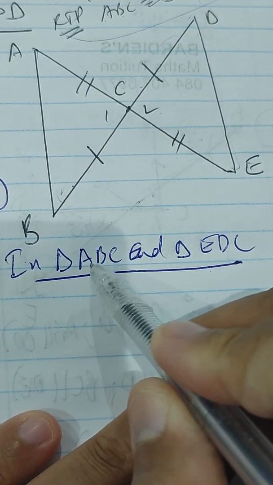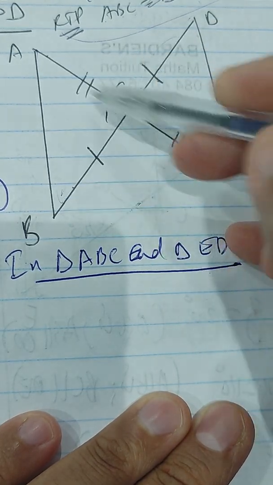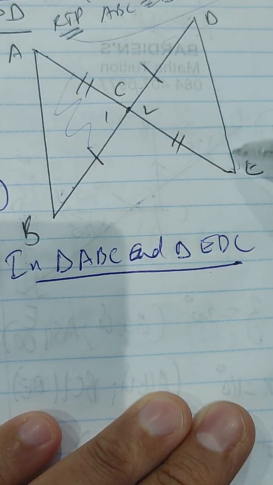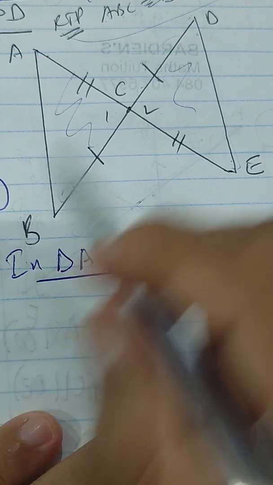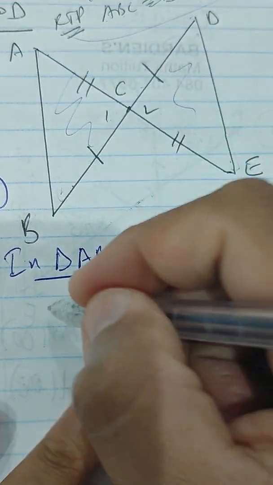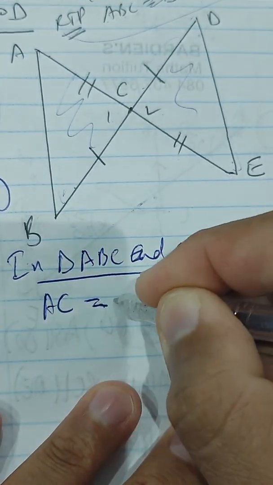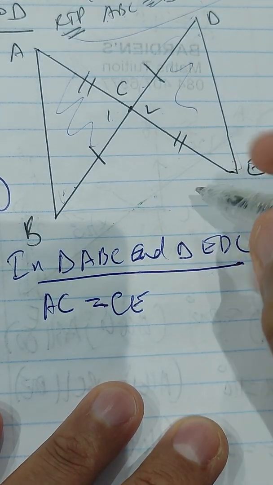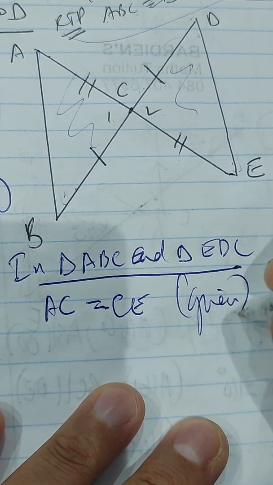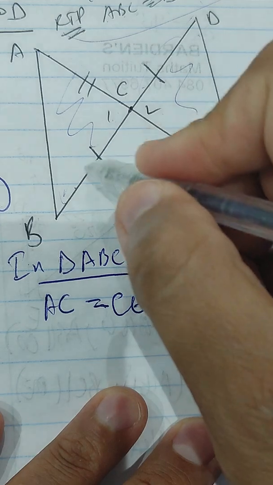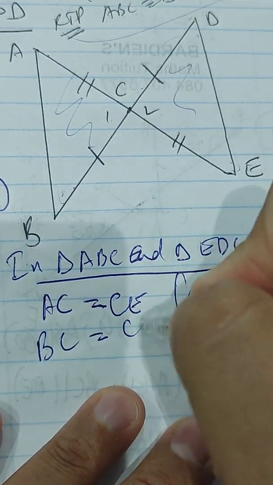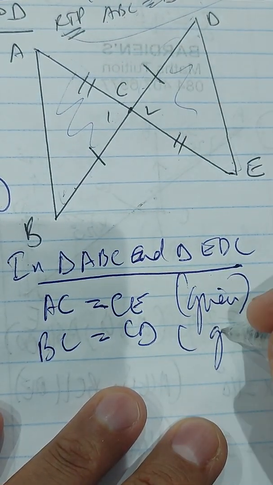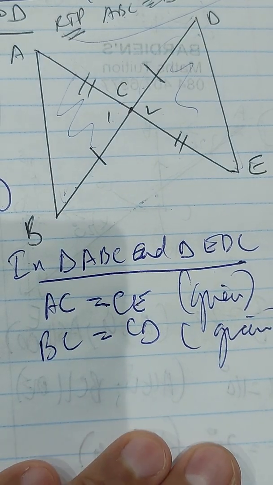So, we say in triangle ABC and triangle EDC, what can we say about the two triangles? We know that AC is equal to CE. Why is that equal? Because that's given to us. Then we know that BC is equal to CD. Why? That's also given on the diagram.